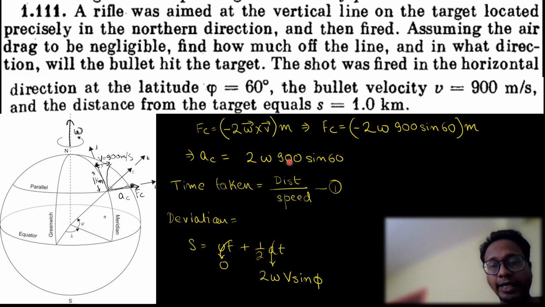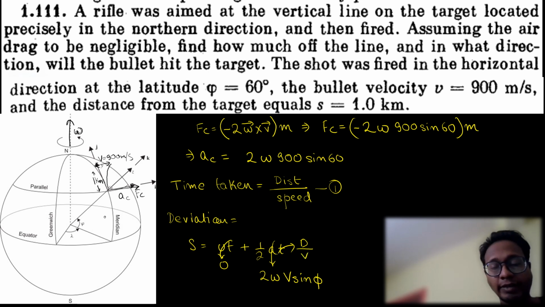See, instead of writing 900 sine 60, I'm writing v sine phi, into time taken. Time is nothing but distance divided by speed, where speed is nothing but v, which is 900. So time taken is distance, which is 1 kilometer given in the question, divided by v.